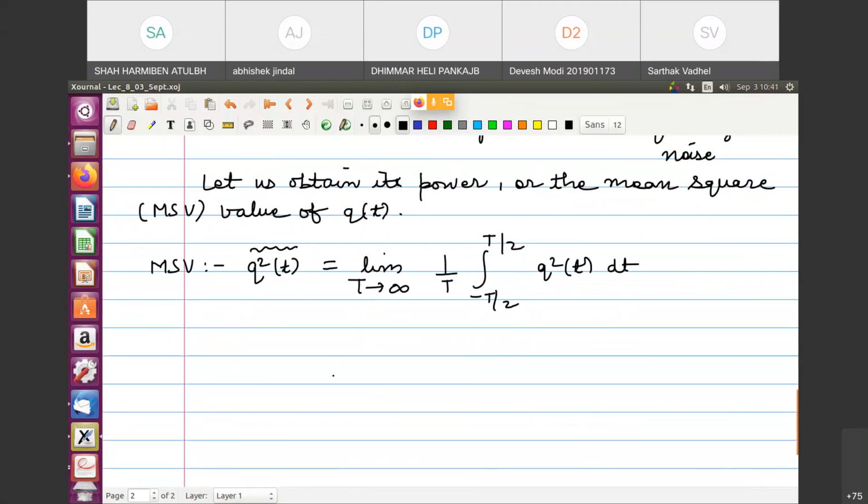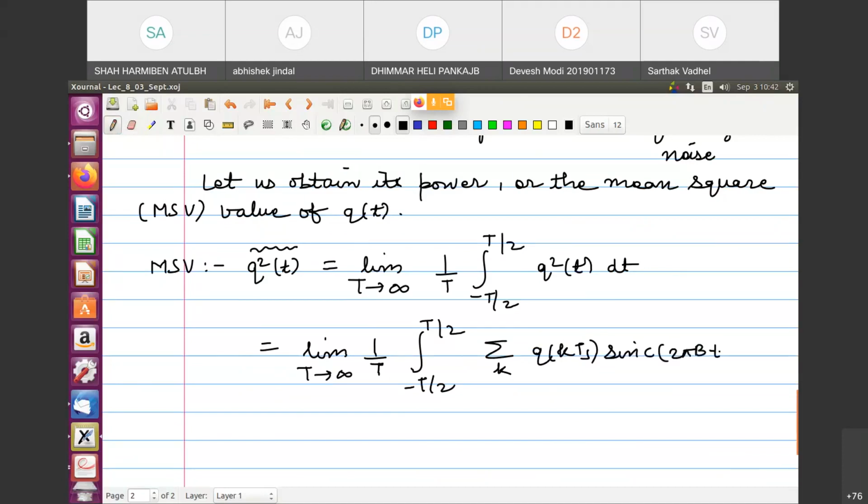Okay, so now you just put in the expression for q(t). So you will get 1 upon T, integral from minus T by 2 to T by 2, summation k q(kTs) sinc of 2 pi bt minus k pi, and this whole thing has to be squared, dt.